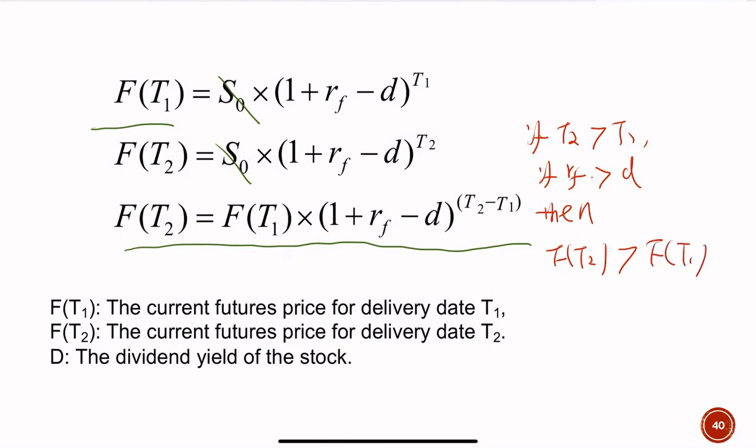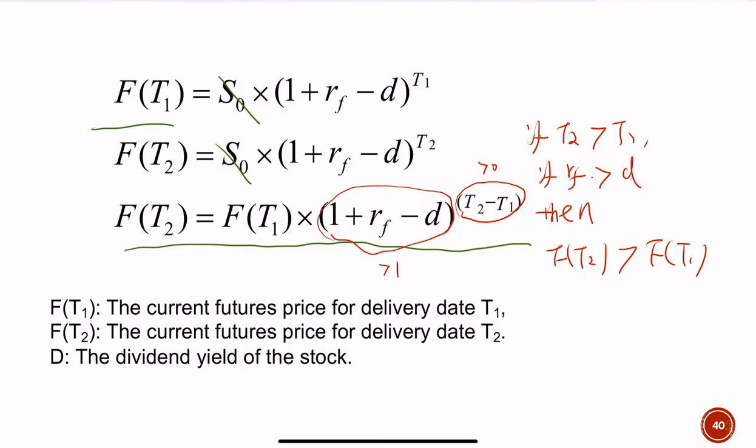Obviously, mathematically, this is pretty easy to see because if T2 is larger than T1, then this guy is larger than 0. And then if RF is larger than D, then this guy is larger than 1. Right? So you will see that FT2 should be larger than FT1.